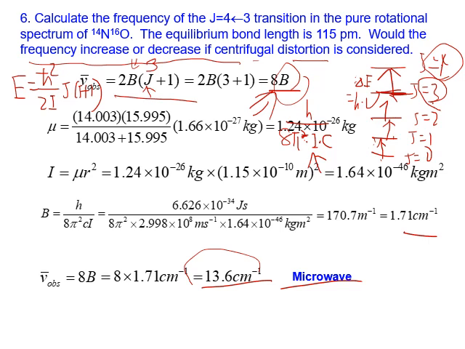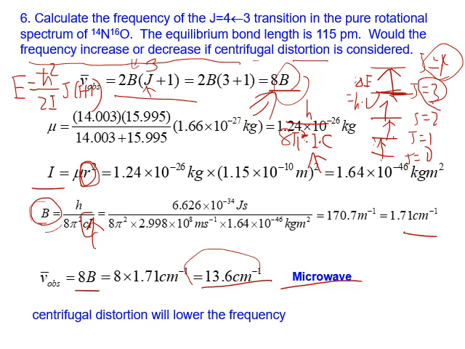But if the bond length changes due to centrifugal distortion, the distortion always stretches the bond, so it becomes longer. If the bond length becomes longer, R becomes larger and the moment of inertia increases. If the moment of inertia increases, the rotational constant decreases because it's divided by I. So B decreases, and 8 times B becomes smaller, and therefore the frequency you measure must be smaller than the rigid rotor predicted frequency.